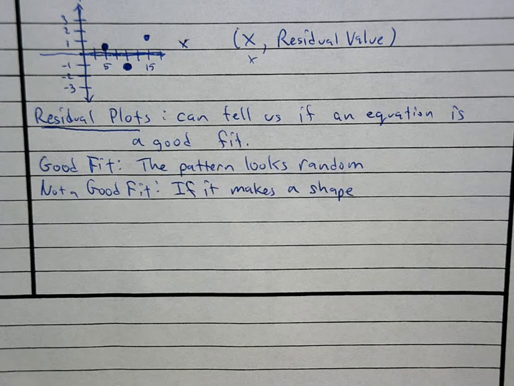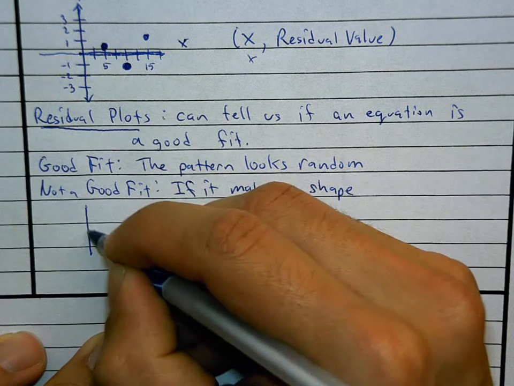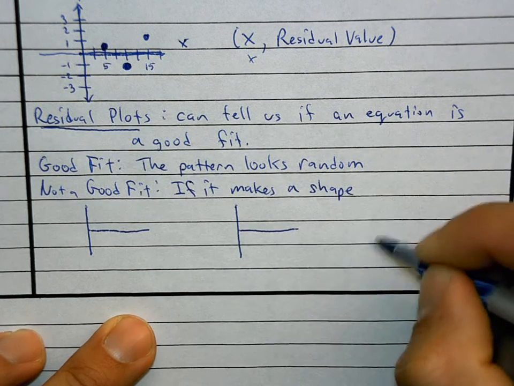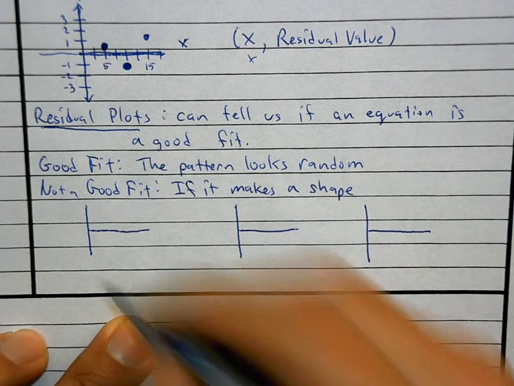So sometimes you're going to be getting these residual plots and you're going to have to make a decision. I'm going to give you 3 examples and then we'll be done. And these are very easy to do. Here's my first residual example. Here's my second residual example. Here's my third residual example. You might end up getting a graph that looks like this.